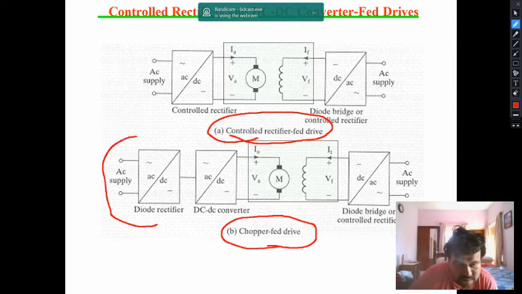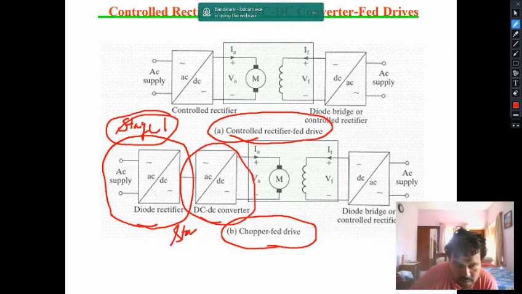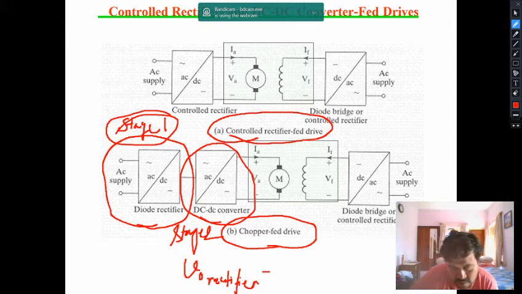here, this is stage 1. This is stage 2. So your output of the rectifier is a function of alpha, in this case.